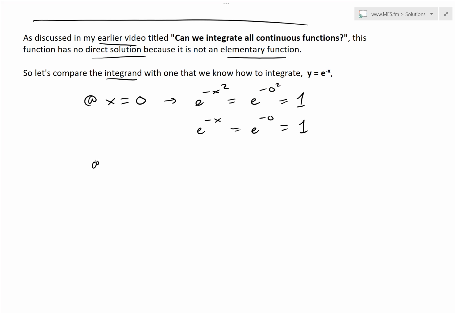The other value I want to get is at x equals 1. In this case we have e to the negative x squared, which becomes e to the negative 1 squared, and 1 squared is just 1, so this equals e to the negative 1, or 1 over e.